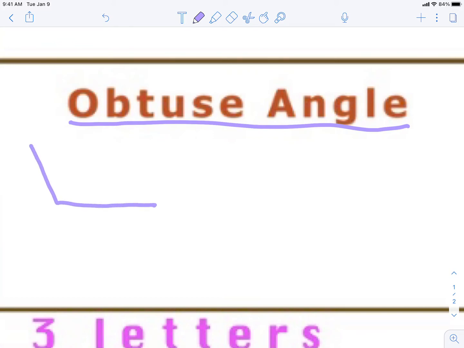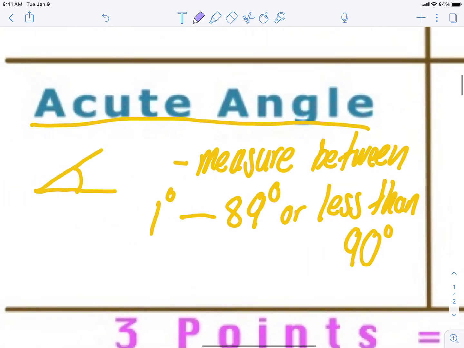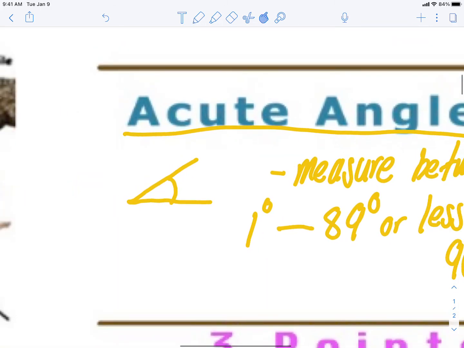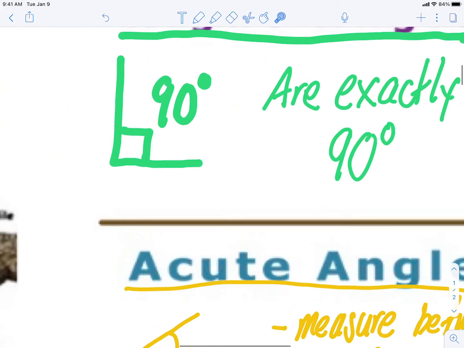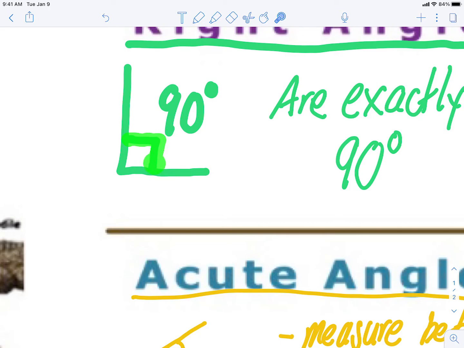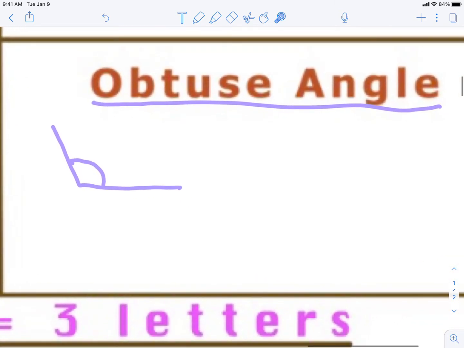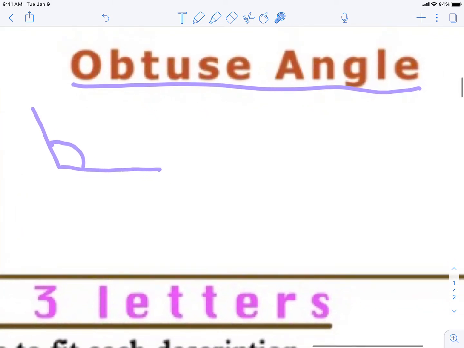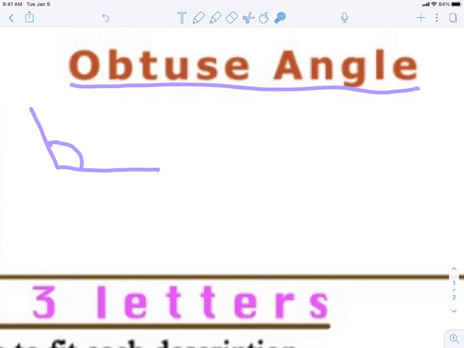That's an obtuse angle. And see, the little arc here is a little bigger. Here, the arc was smaller. This one doesn't have an arc, it has a box, for 90. This one has an even bigger arc like that. That's what we call an obtuse angle.